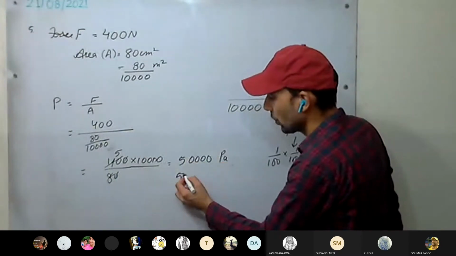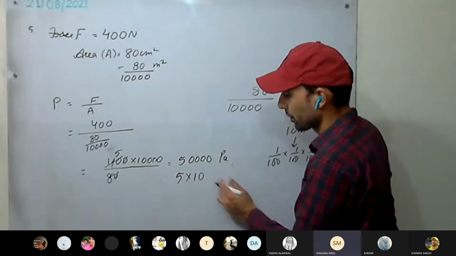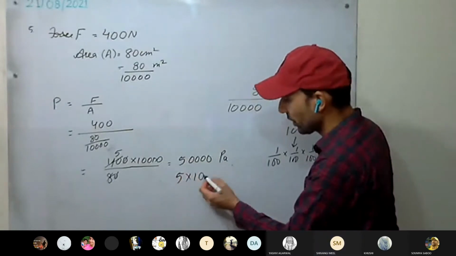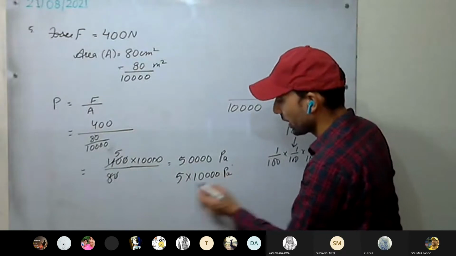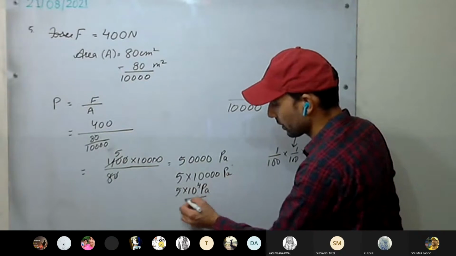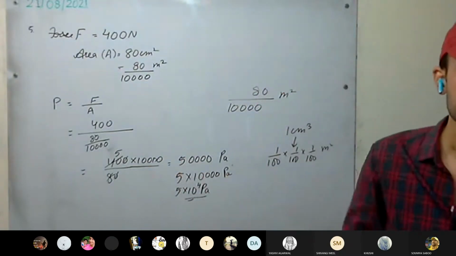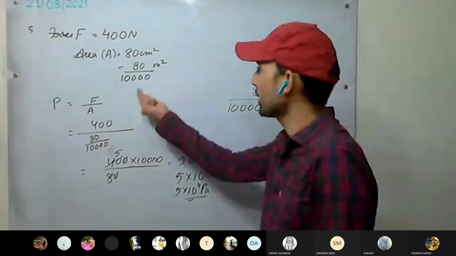Or you can write it 5 into 10 raised to power 4 Pascal. Understood everyone? Have you all understood this one? So we have done the mathematics also.